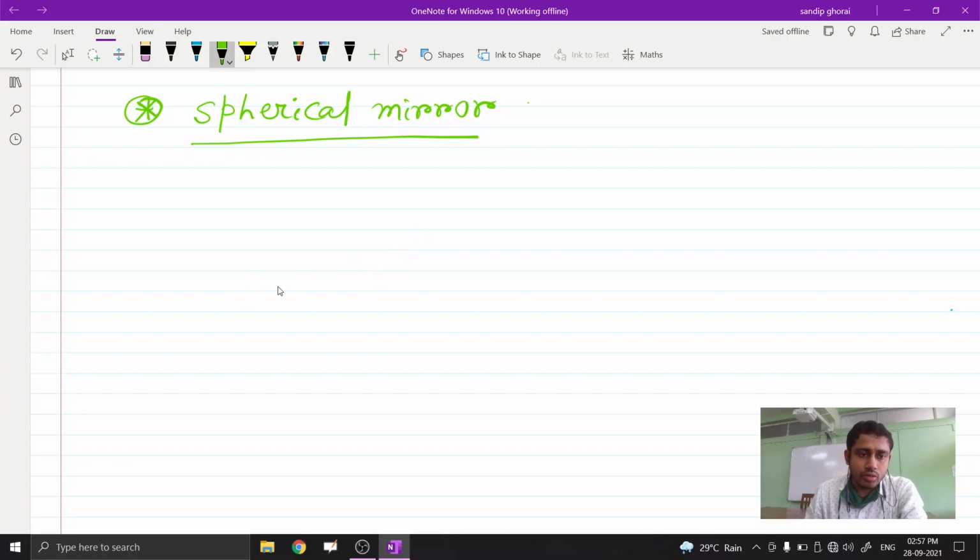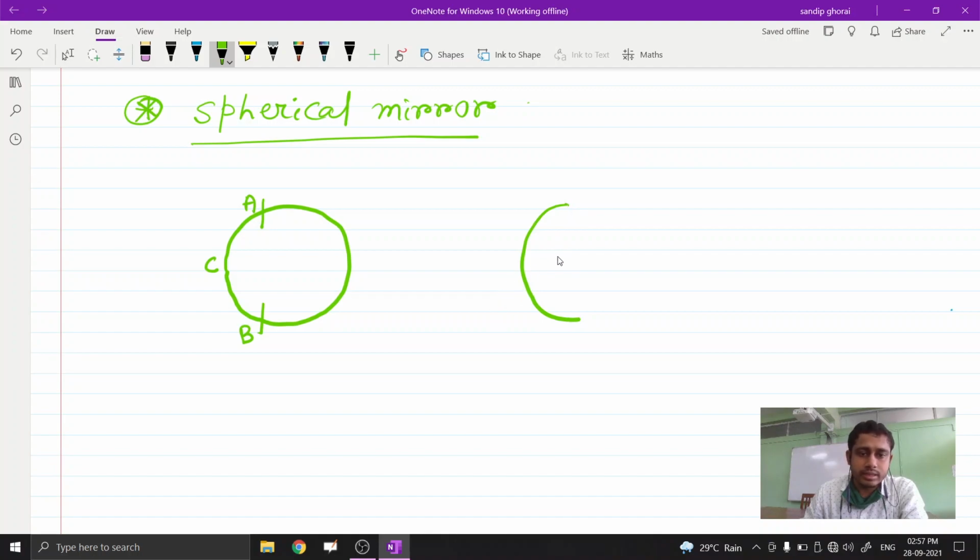If we take a hollow sphere and cut this portion, this point is A and this point is B, then we take the left side of this portion, that is ACB, and we get this type of shape.